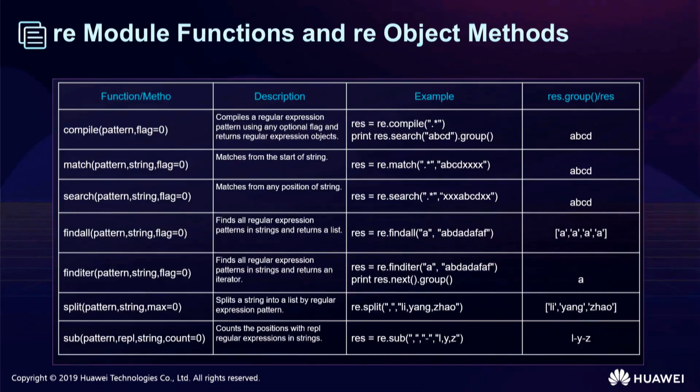We will use them when we analyze our text. The compile function compiles the regular expression pattern, using the optional flags, and returns a regular expression object, like re.compile. If we want to search for ABC, we will return the ABCD group. And if we want to match from the start of the string, like the examples.